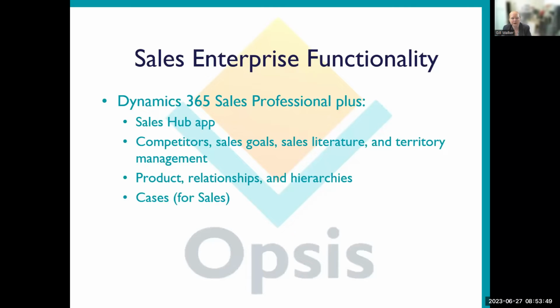So now Microsoft have introduced out of the box several of these apps. So there is a team member app, a professional app, and the Sales Hub app is for those users with an enterprise license. Over and above the lead to cash process that I illustrated earlier, we also get competitors, sales goals, sales literature, and the ability to manage territories.